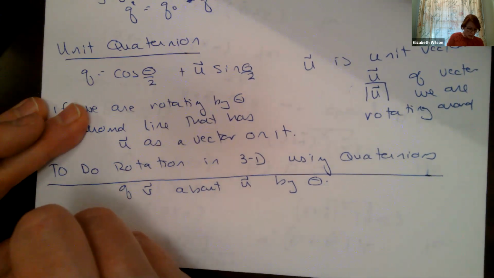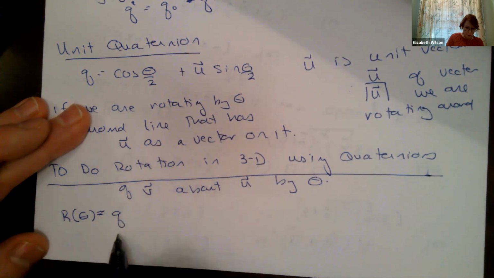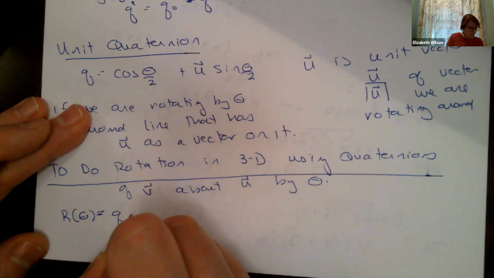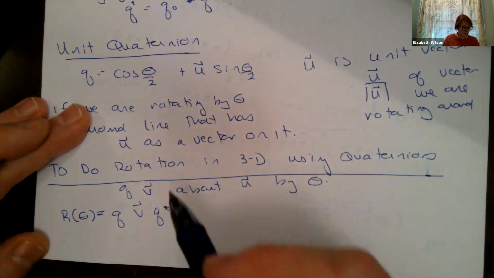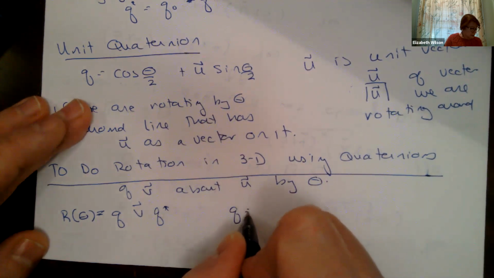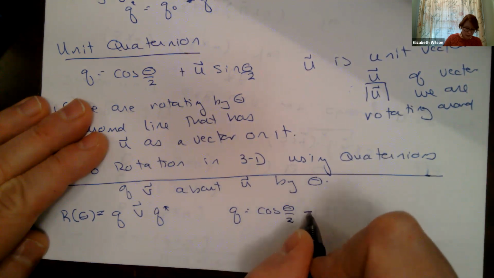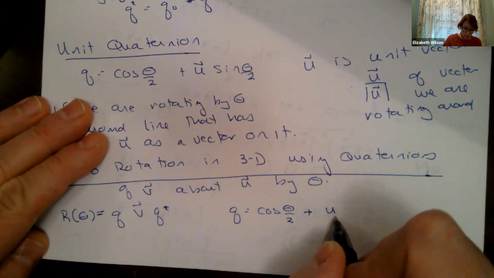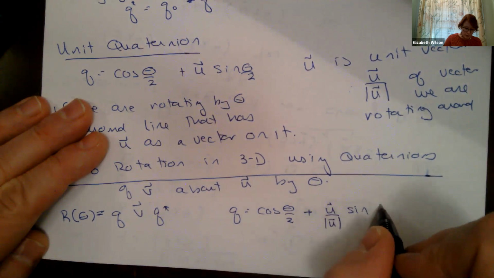I'm going to say my rotation is equal to Q, which is a quaternion that we just talked about before, times V, which is our quaternion with 0 as its scalar, times Q star. And Q star is our conjugate. I'll give you both Q and Q star. So our Q is equal to cosine of theta over 2 plus U over the magnitude of U, times the sine of theta over 2.